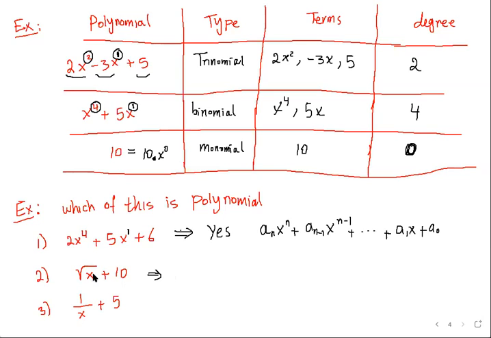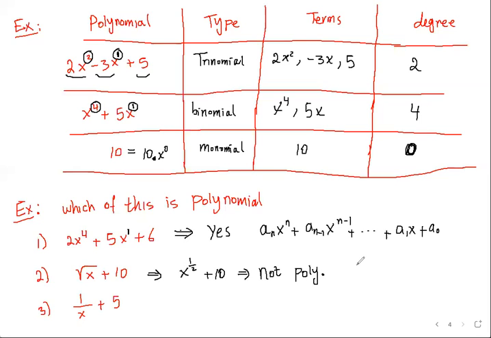Here, square root of x plus 10 looks like x to the power 1 over 2 plus 10, right? Yes. Okay, Salim, is 1 over 2 a natural number? No, it's not a natural number. So x to the power 1 half plus 10 is not a polynomial. Make sense?